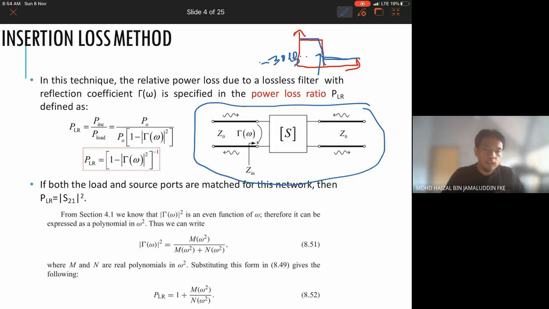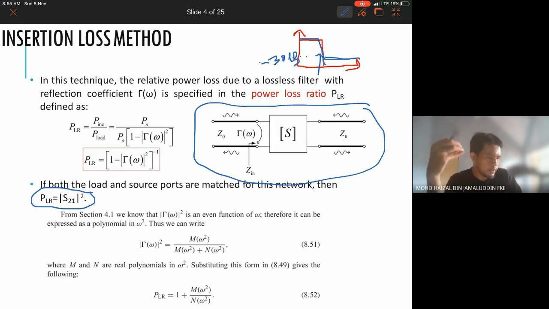If we are looking at the load and the source port, which is matched, then we have a power loss ratio of S21 to the power of 2. In the microwave engineering book, you can see the details of the derivation.